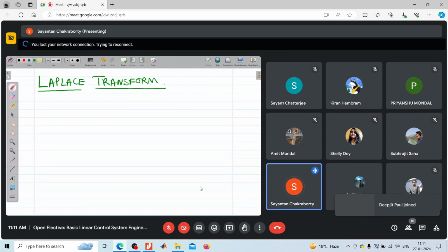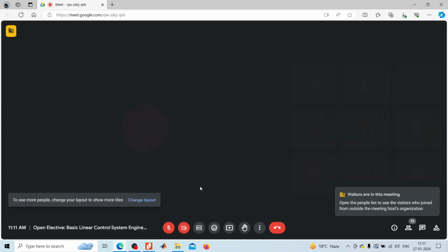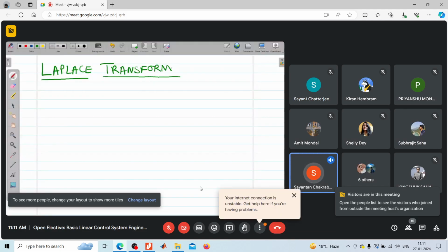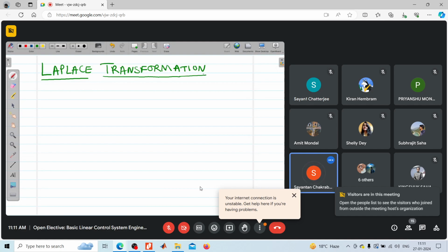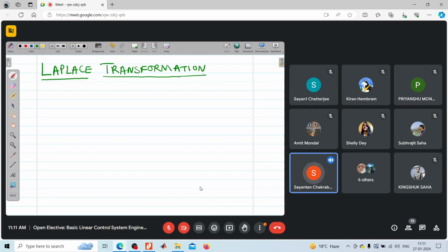Okay, why or how we can use the concept of Laplace transform in reality. So we need to first understand what is Laplace transformation. So we have to define what is Laplace transformation. I think you know all these things; I will recap it very quickly.